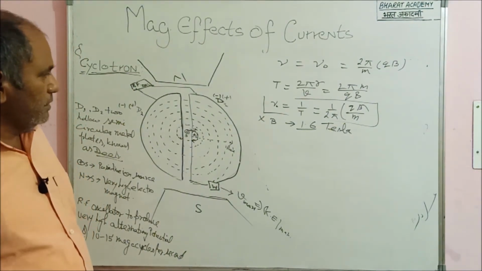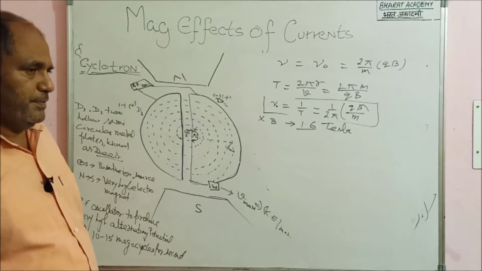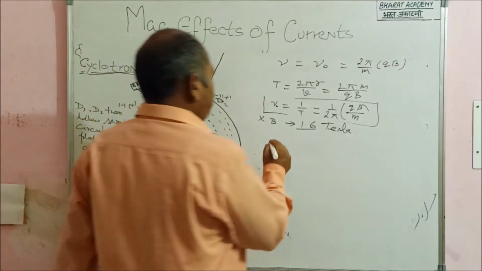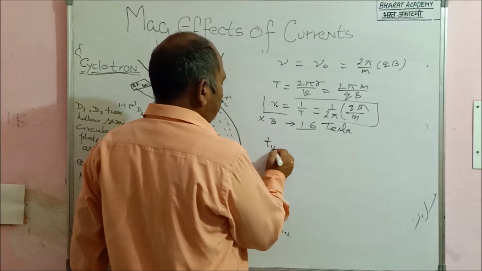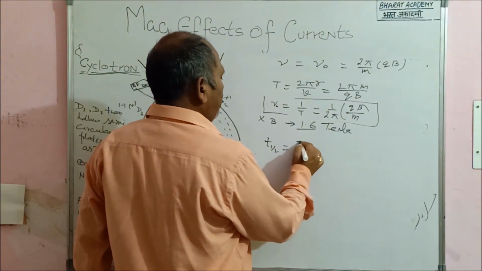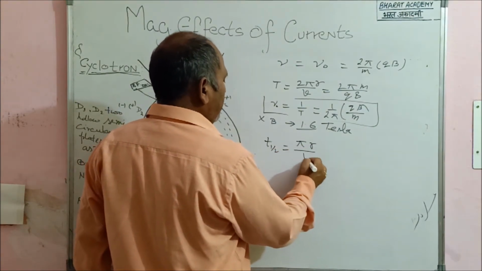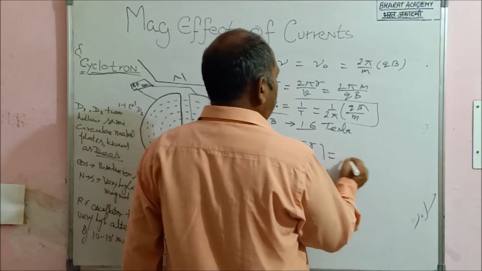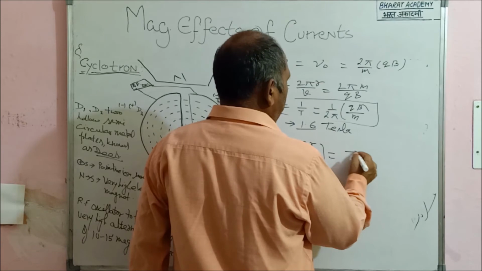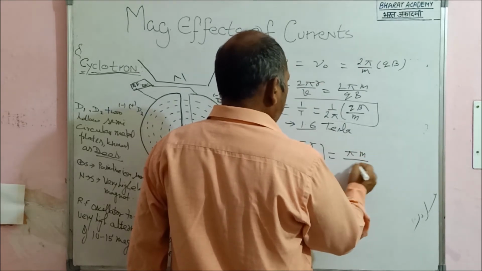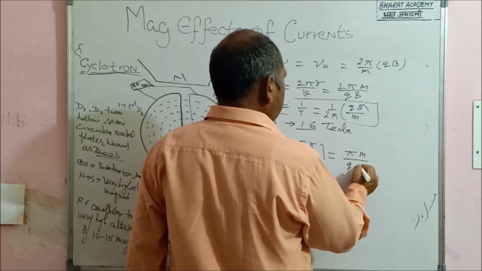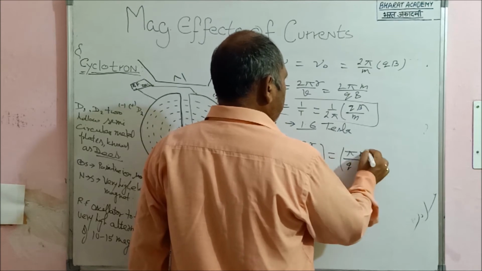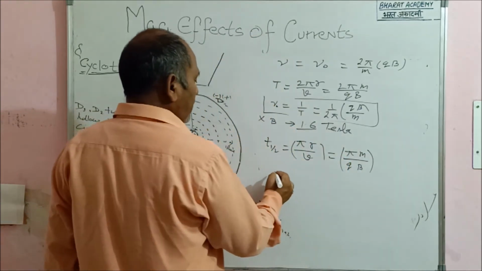What will be the maximum radius which we were talking about? So what we got is T half is pi r by v, right? And it comes out to be pi m upon qB, right? If I want the radius, r will be what?